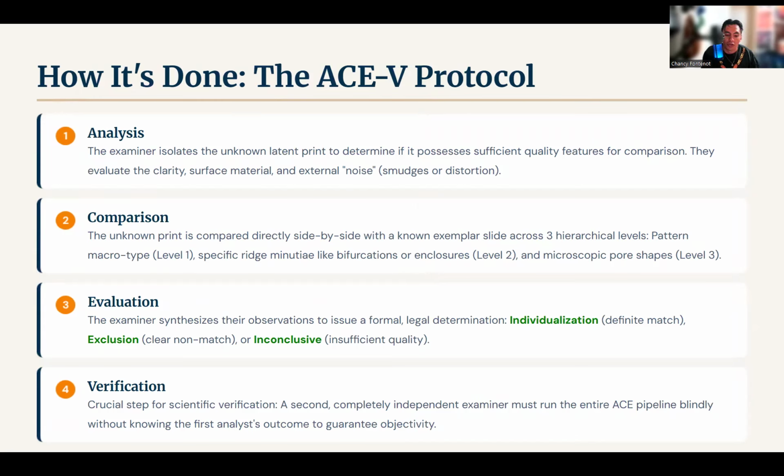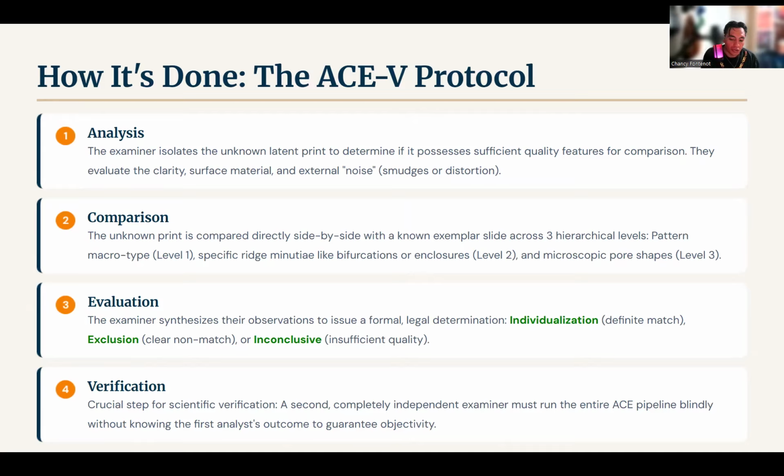So, how do we go from a faint smudge to a definitive match? Analysts follow a four-step pipeline, which is called the ACE-V protocol. A stands for analysis. This checks if the crime scene print is clear enough to use. C stands for comparison, which is putting it side by side with the suspect's print to look at the tiny details.